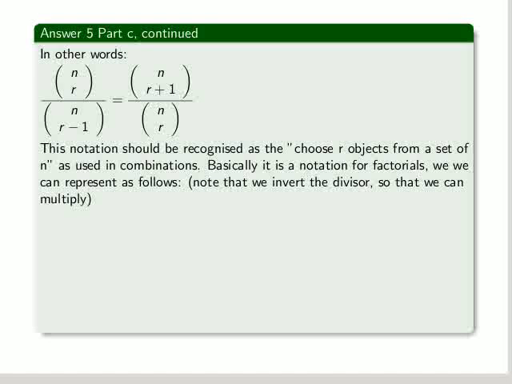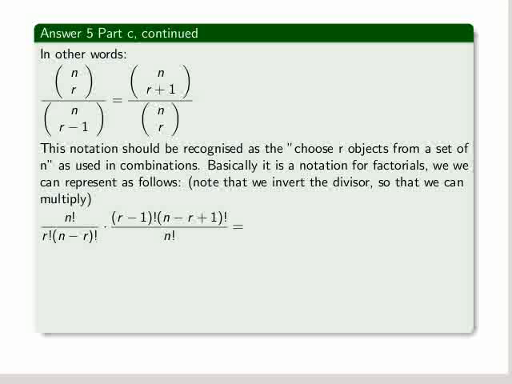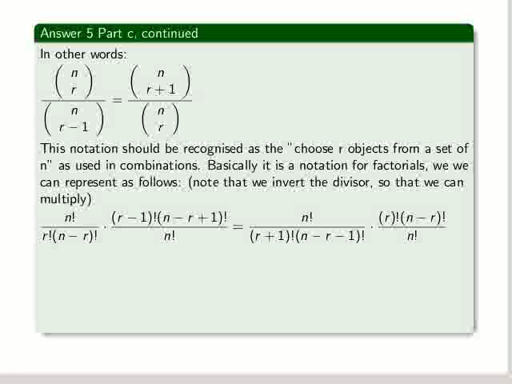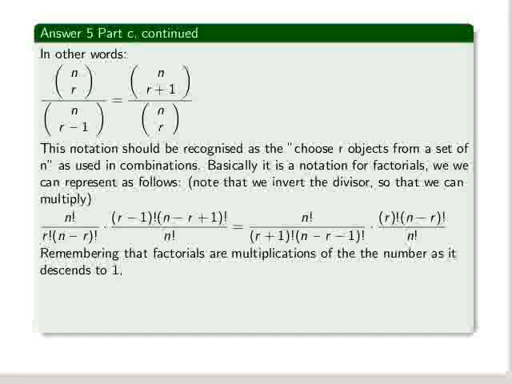Note that we invert the divisor in this equation so that we can actually multiply. So that expression on the left should come as no surprise, because that is what the notation represents. And on the right hand side, by the same argument, that notation once again is represented by that fraction.